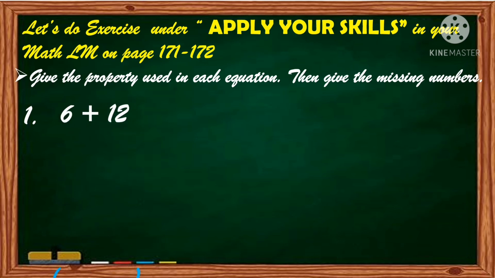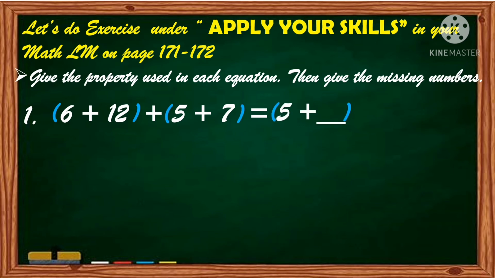6 plus 12, open and close parentheses, plus 5 plus 7, open and close parentheses, equals 5 plus blank, open and close parentheses, plus blank plus 12, open and close parentheses. So what do you think are the missing numbers and the kind of property of operation?